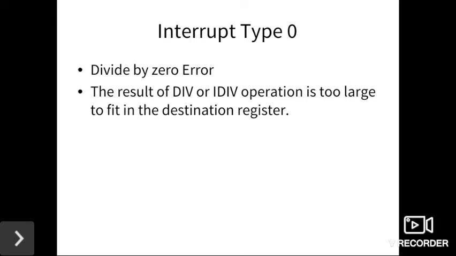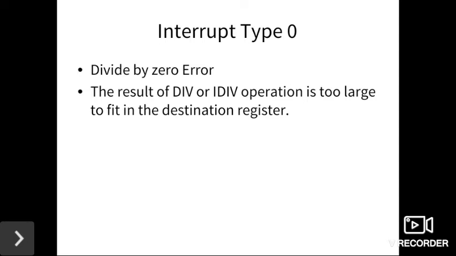For this interrupt, the 8086 pushes the content of the flag register on the stack and resets the interrupt flag and trap flag, and also pushes the content of the code segment and the instruction pointer onto the stack. Then the 8086 gets the starting address of the interrupt service procedure from the interrupt pointer table.